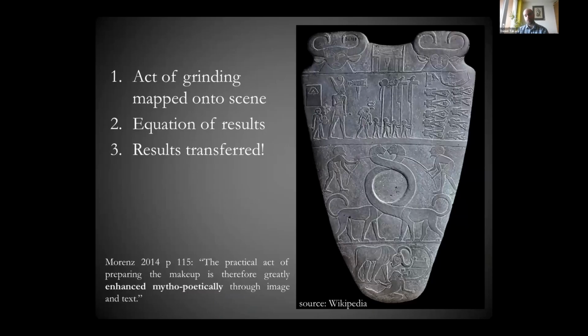And in the case of the Narmer palette, Ludwig Morenz's idea is very similar to David Wengrow's idea for the other palette: that the act of grinding somehow maps onto the act of victory by the first king subduing his enemies. And then the two results are equated.